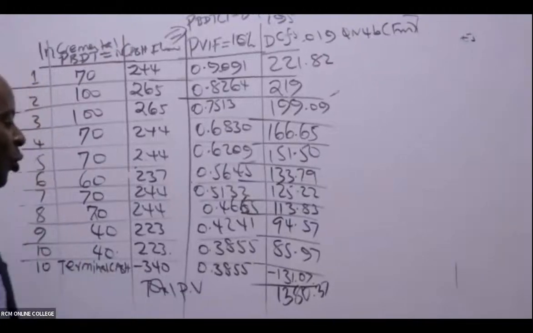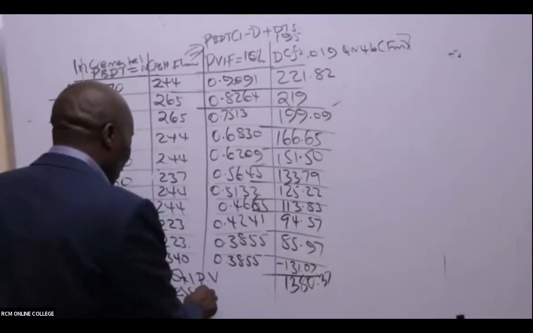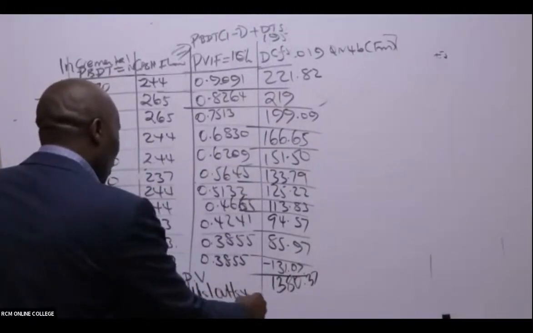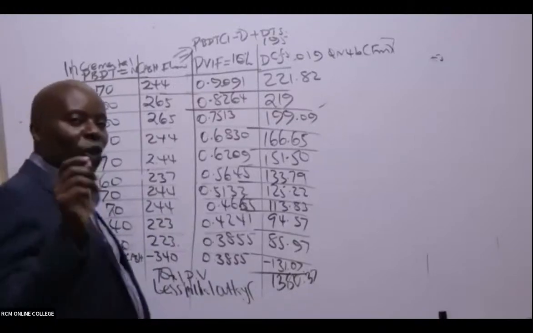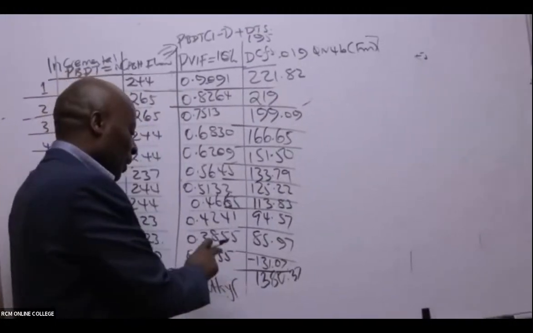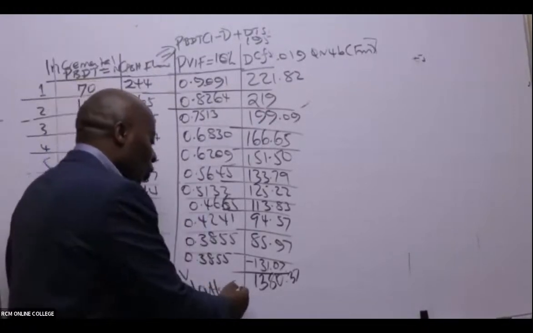Then after you do that, you will come under less initial outlay. Unless I get extra time, if I have some time on my hands, then I'll be able to compute this initial outlay. Otherwise, I will tell the examiner, I'm not doing this.